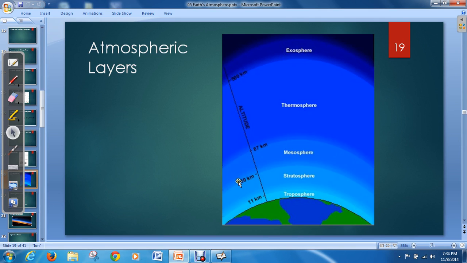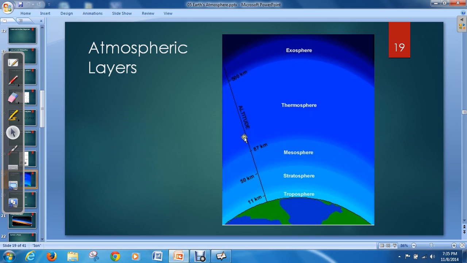The stratosphere goes up to about 50 kilometers, which is about 35-ish miles. Then the mesosphere goes up to about 87 kilometers, which is about 55 miles. And then the thermosphere goes way up to 500 kilometers, which is about 350 miles or so.